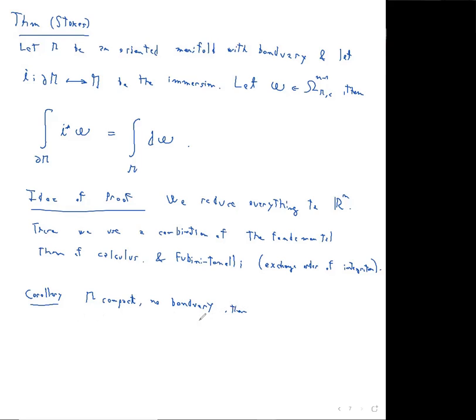Then for every form which is n minus 1, the integral of its differential is 0, simply because you apply this, but the boundary is empty, so you get 0. And this is something you already saw for one forms, which basically tells you that if a form is exact, its integral is 0. And this is the same. Being exact means being the differential of something.